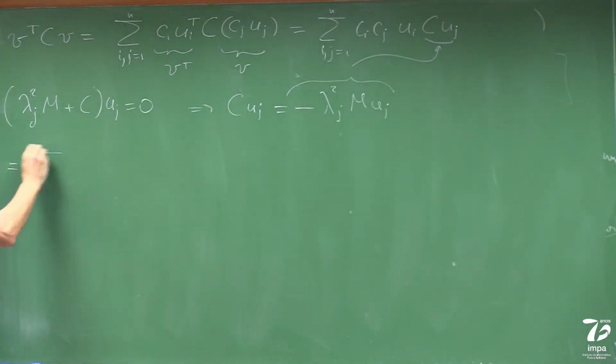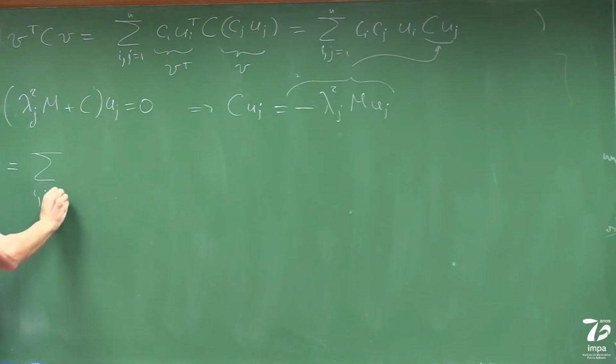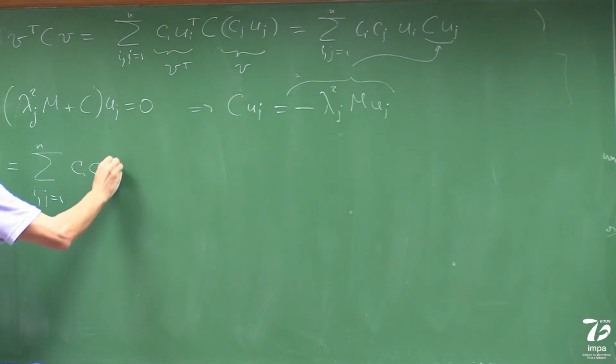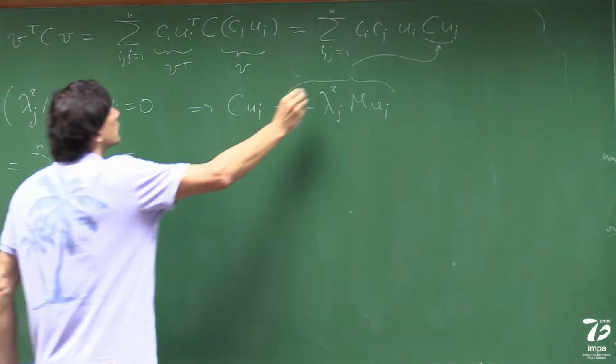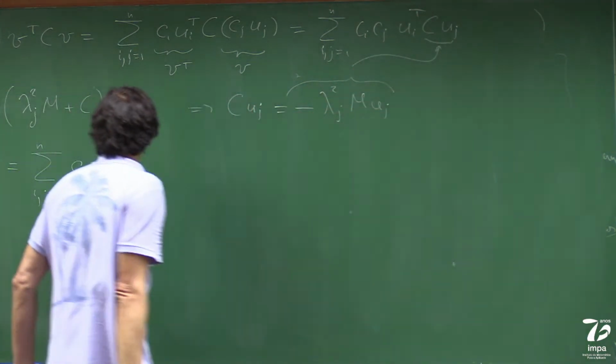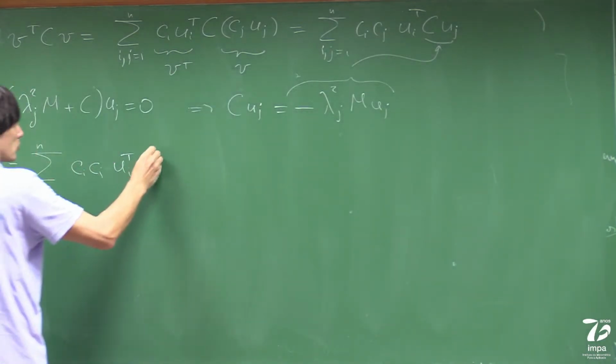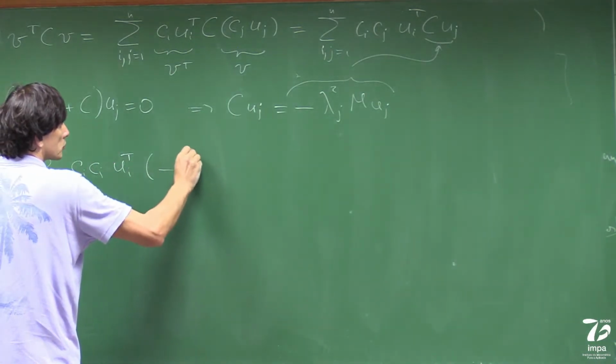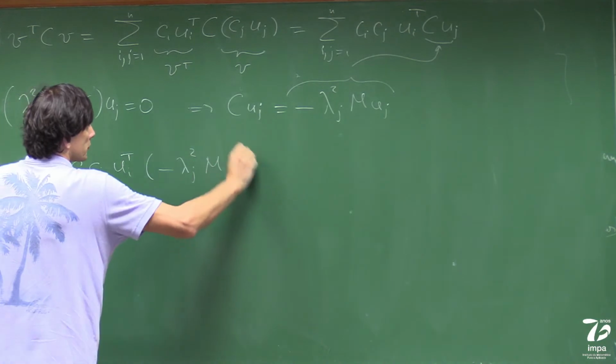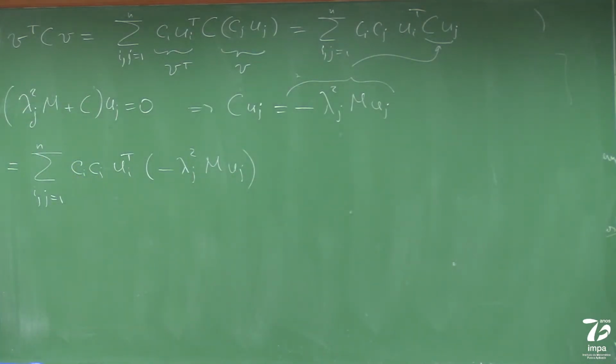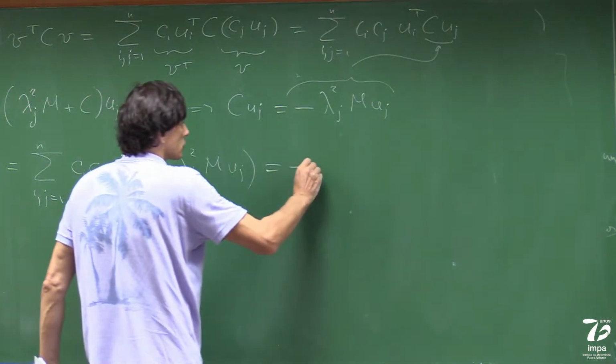What we get is the sum over i, j from 1 to n of ci cj ui^T times minus lambda j squared M Uj. Okay, let's put all the coefficients outside.